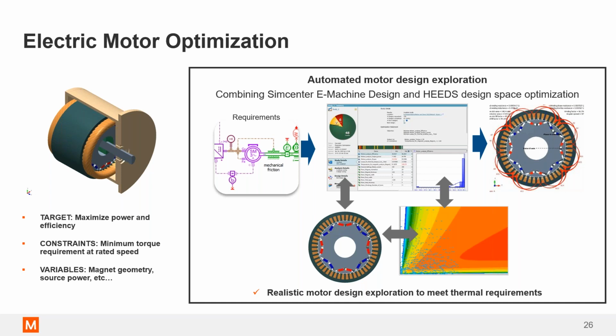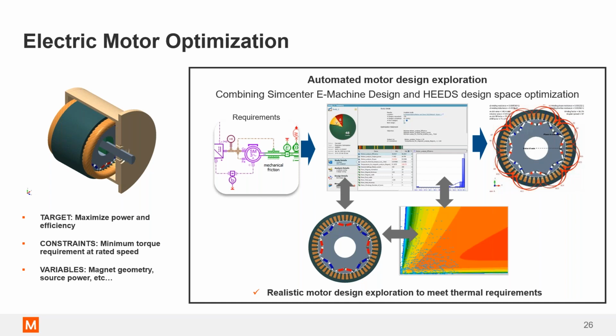We give a design to it, we define parameters that we want it to adjust, we give it targets, and we say off you go. So in this case, we said, hey, we want you to maximize power, and we obviously want you to maximize efficiency as well. We also need you to meet a certain minimum requirement. We put a constraint so that it could self-learn. It's got some learning algorithms in it.